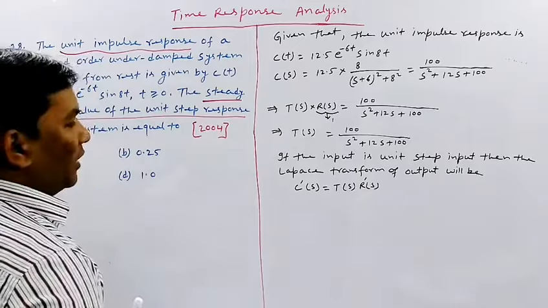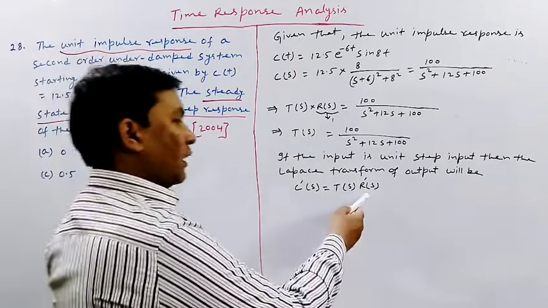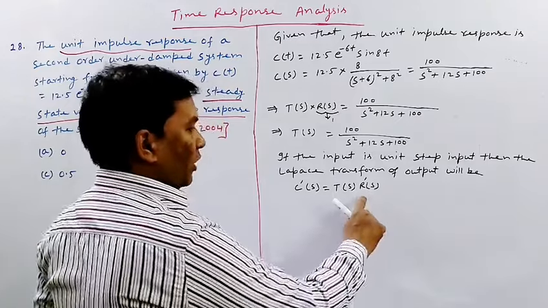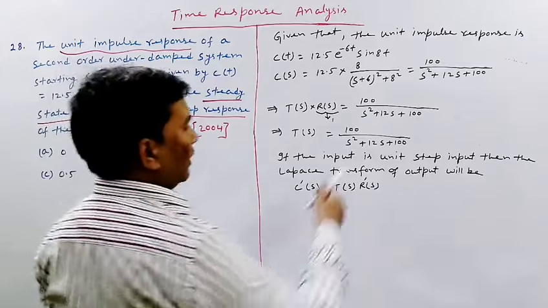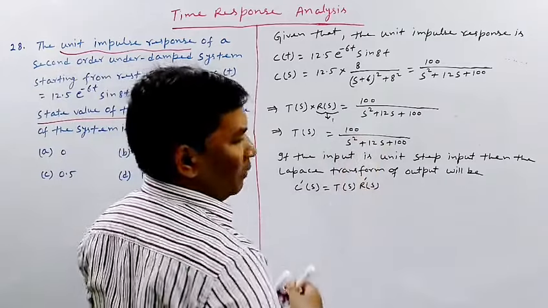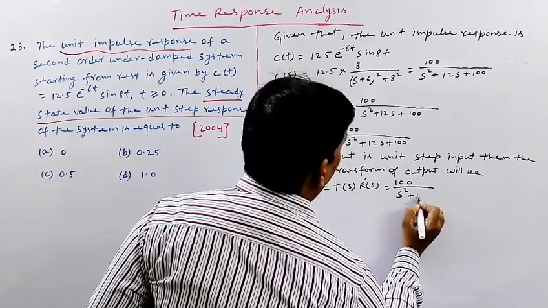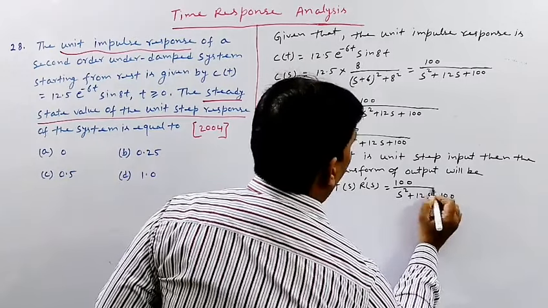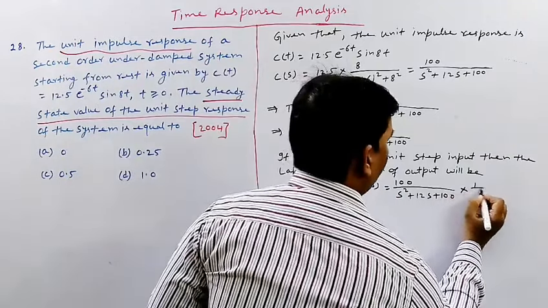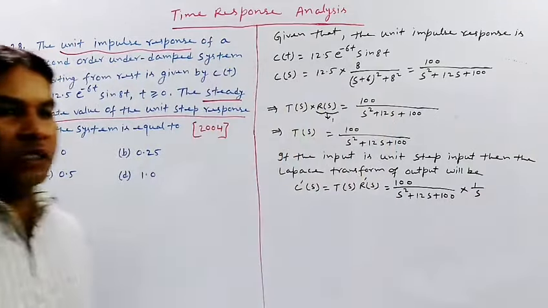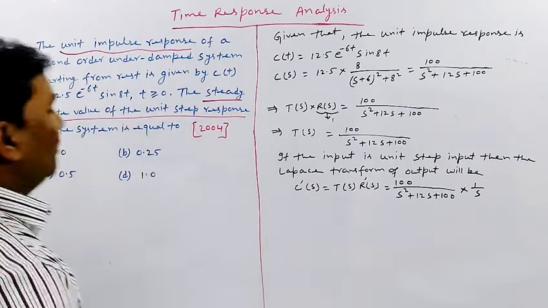We have denoted it by R dash s because we have taken R(s) for the unit impulse input. Now T(s), as we have calculated, is 100 divided by s square plus 12s plus 100, and R dash s will be 1 by s, because we are taking the Laplace transform of unit step input.